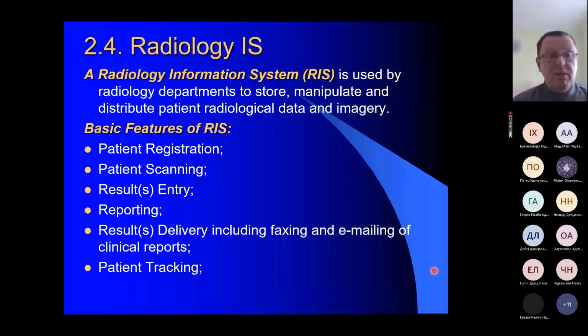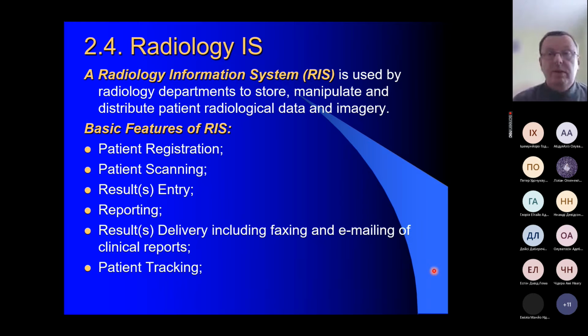Radiology information system or any other departmental medical information system. In this case, when we talk about HIS, CIS, or MIS, we keep in mind that such a system covers a major part of the hospital.